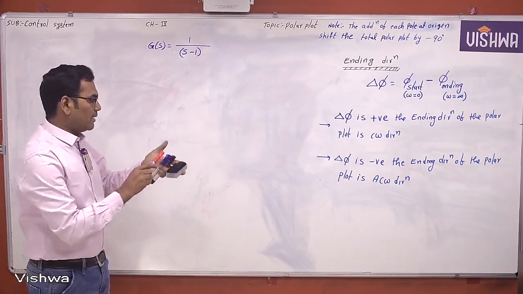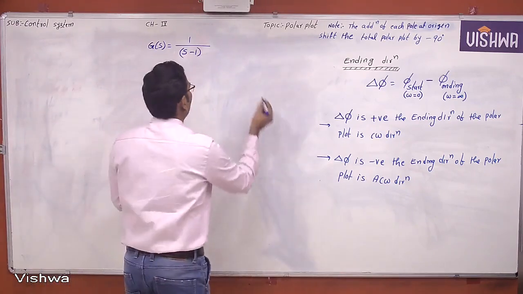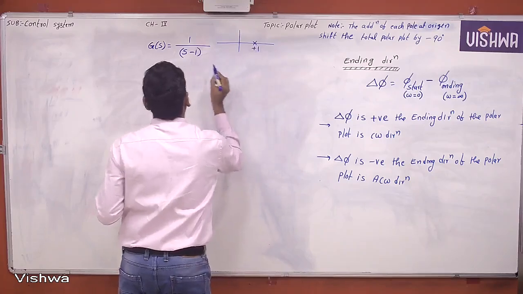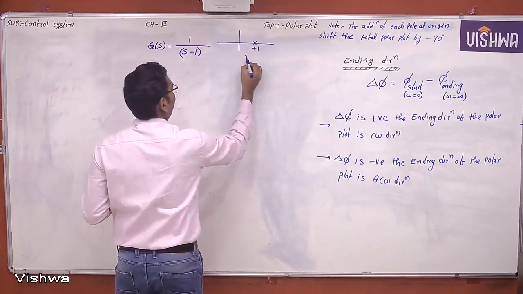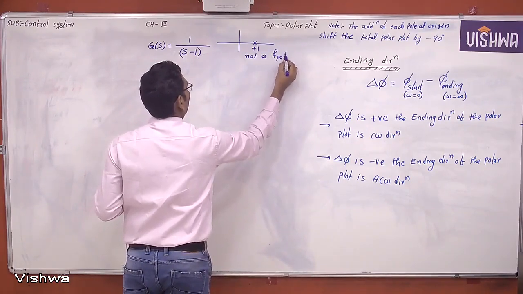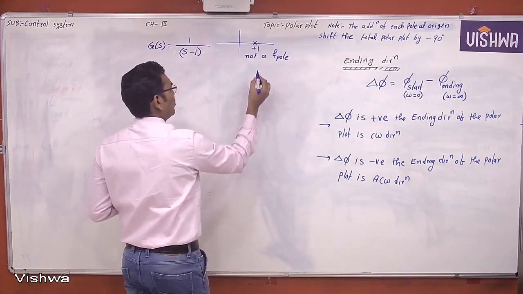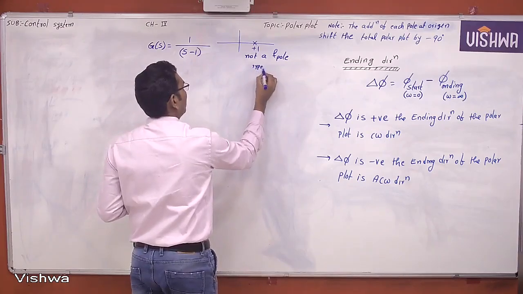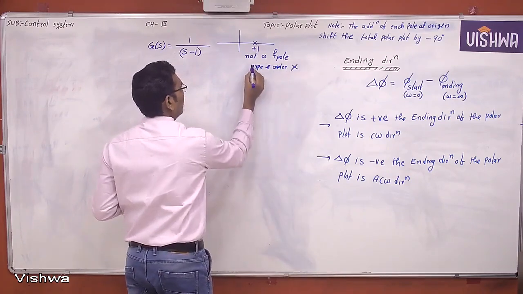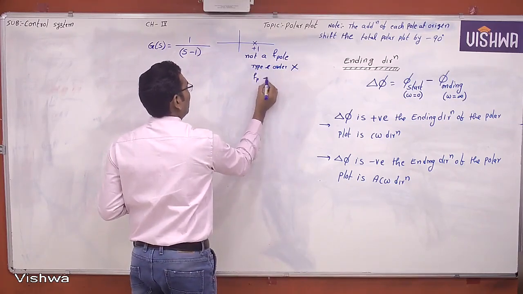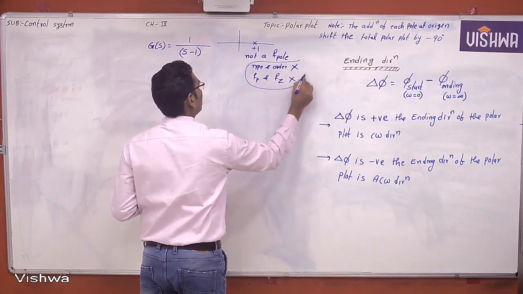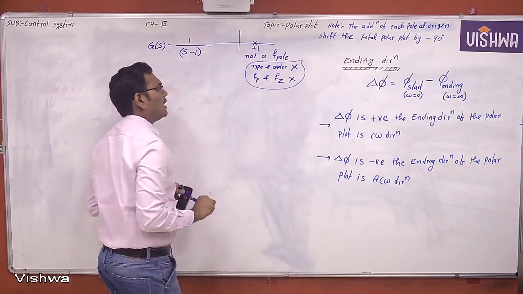But here, s minus 1 equal to 0 gives s equal to plus 1. This is not a finite pole. Therefore, the type and order method is not at all useful here, and the finite pole and finite zero concept is not to be used. Don't apply the type and order method.